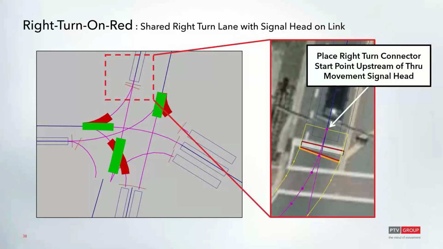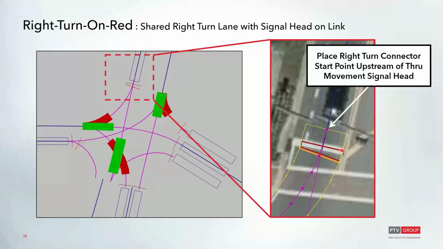However, in some cases, depending on how the network is being built and where that stop bar location is, sometimes this may end up being on the link instead of a connector, which is completely fine. You're free to model any of these signal heads on either links or connectors, depending on where that stop bar location ends up being.